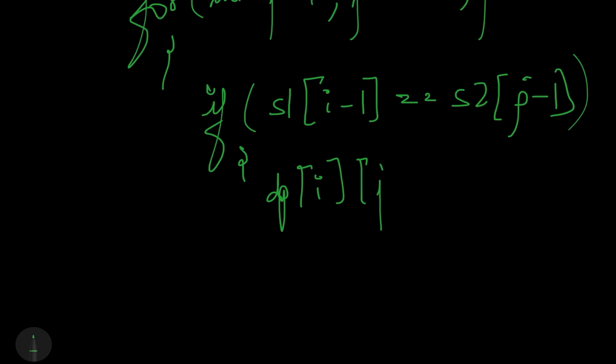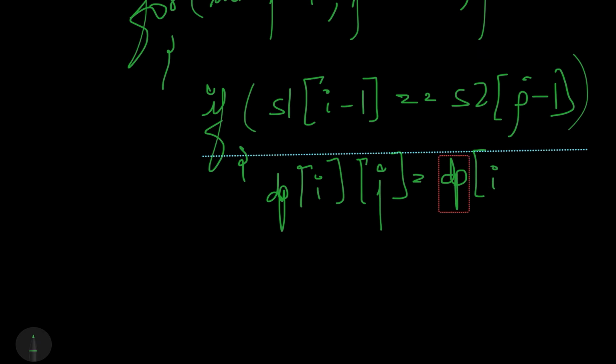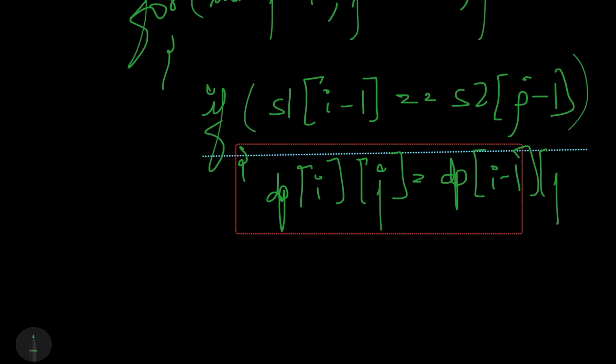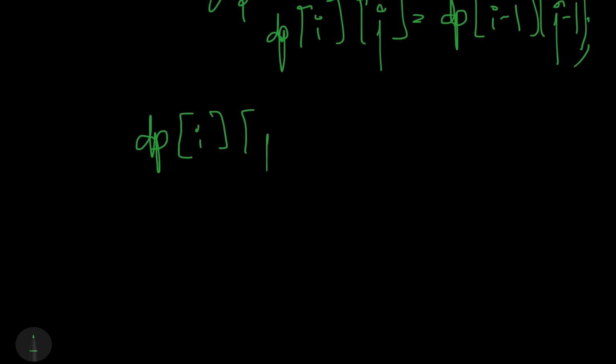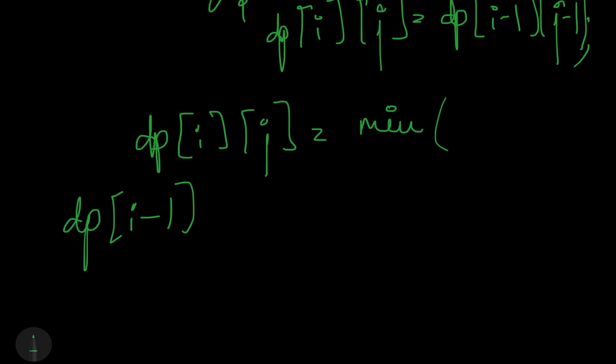So there is no need to add any ASCII values, no deletion. And similarly, if the characters do not match, then dp of i and j will take the minimum ASCII value, because whichever has the minimum, we'll delete that character from that string.